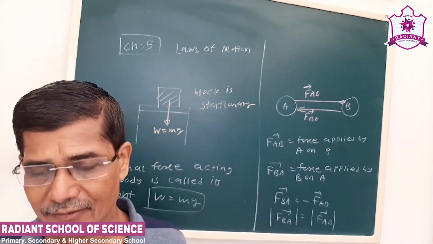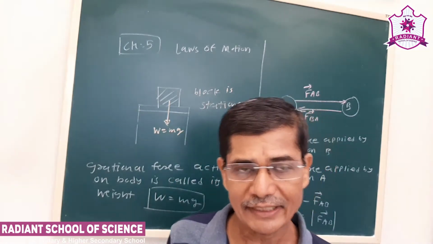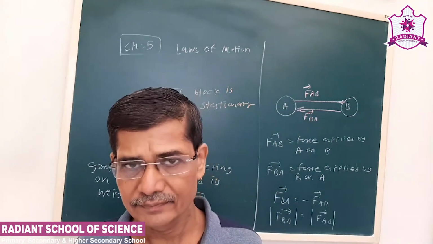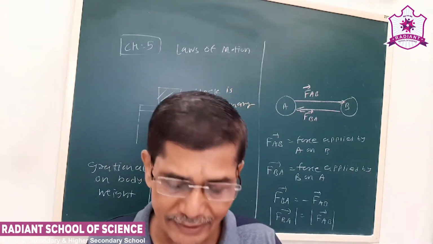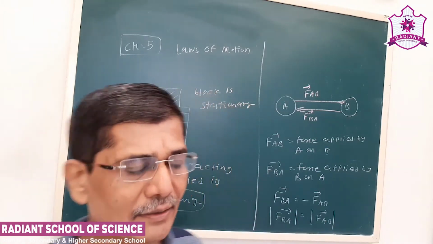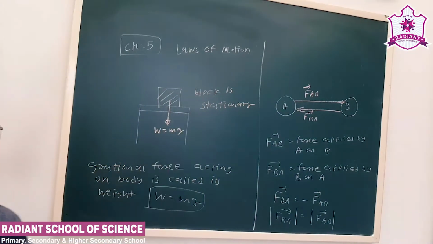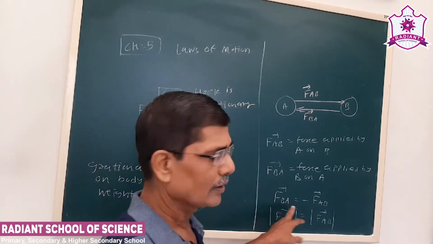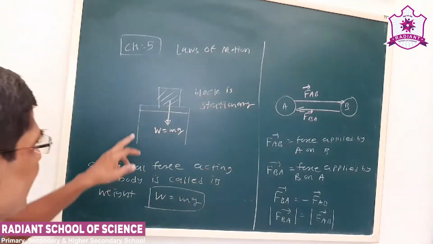Why? Because we have seen that an unbalanced force can change the state. If the body is at rest, it can bring it into motion, but the block doesn't move. The block is stationary. Then there should be a force in the opposite direction which will balance it.